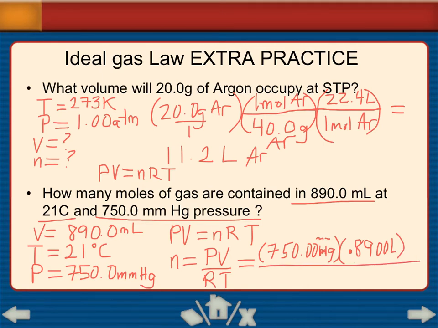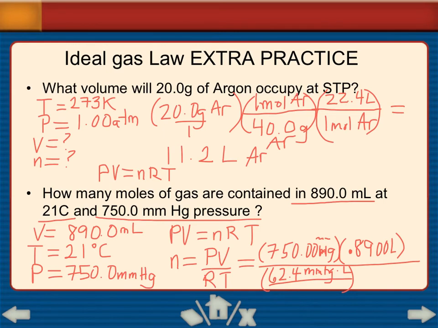Picking the right R, the R value a few slides back, I believe, was 62.4 millimeters of mercury liters per mole Kelvin. I have to check on these units.